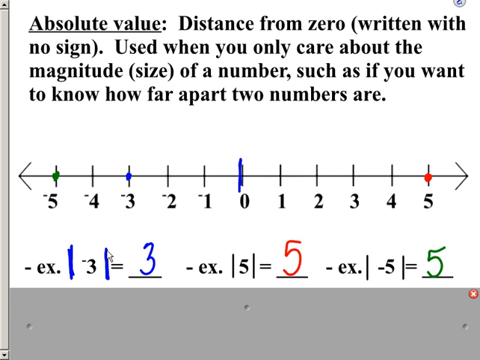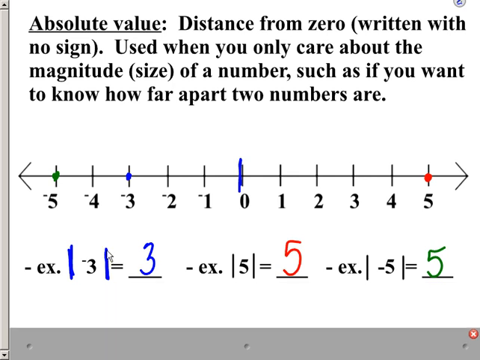So notice I didn't ask you whether it was 5 above 0 or 5 below 0, just simply how far from 0. So that's what absolute value is talking about: how far from 0. And again, we use that generally when we're caring about things like how far apart two numbers are. So a situation where you might use that is something like this.